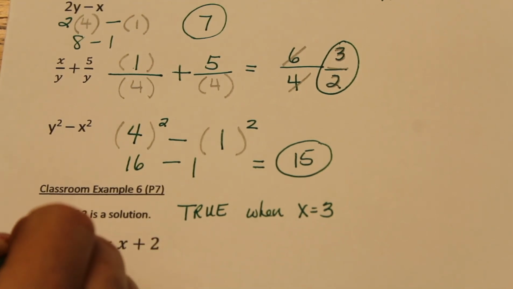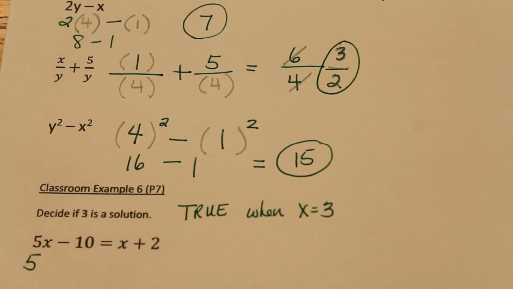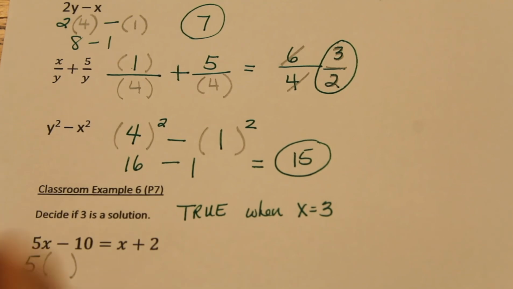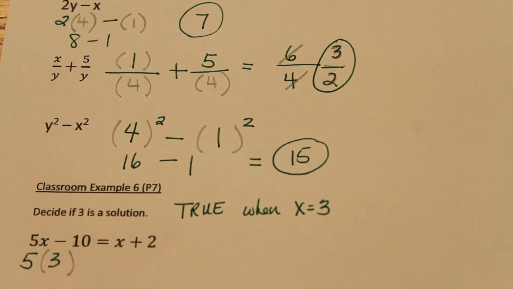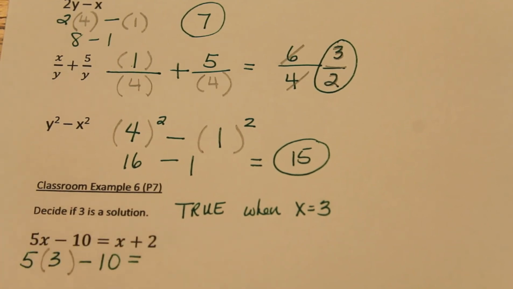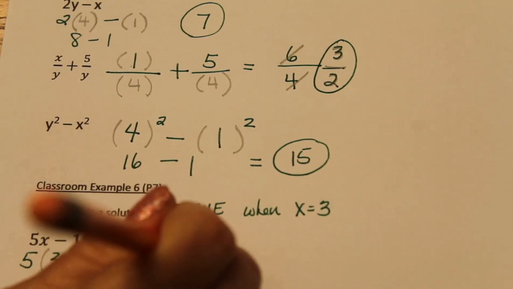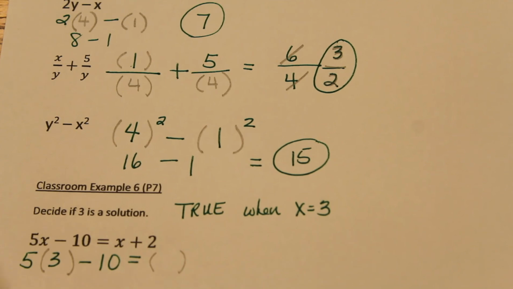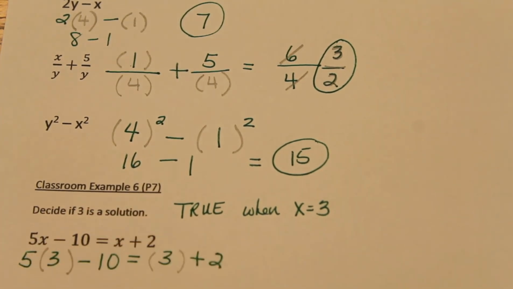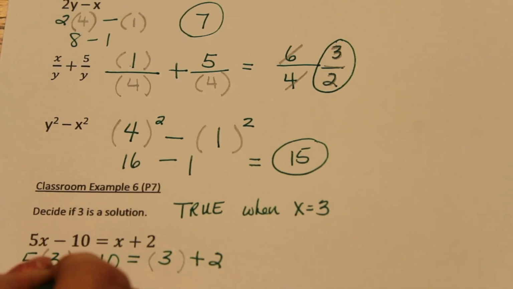So we have 5, and we're going to multiply by, what are we going to put in for x? 3 minus 10. Does that equal, what am I going to substitute in for an x? 3. Bring down the plus, bring down the 2. 5 times 3 is 15.